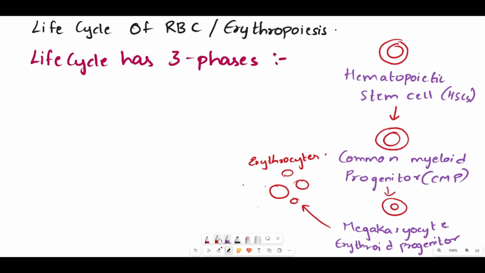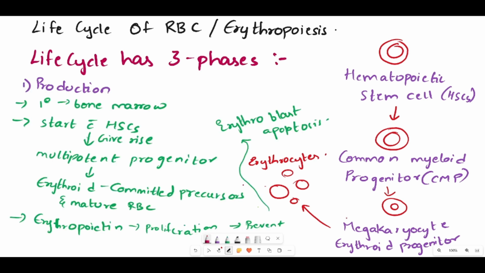Now let's see each phase in detail. Coming to the first phase, which is production. In this production phase, erythropoiesis will be primarily occurring in the bone marrow. Second, it will be starting with the hematopoietic stem cell. From there, it gives rise to the multipotent progenitor.